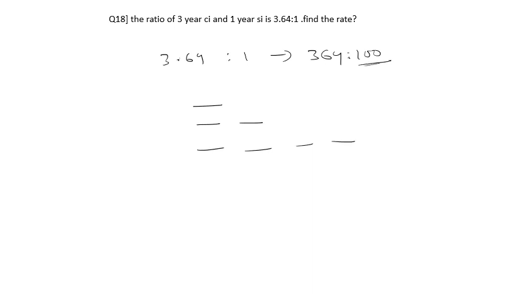Simple interest is 100, so it remains the same every year. Simple interest 100, 100, 100, 3 times means 300. 364 minus 300 is 64, and these three parts have to be the same, so this has to be 20, 20, 20, and rate is 4. Now just check.